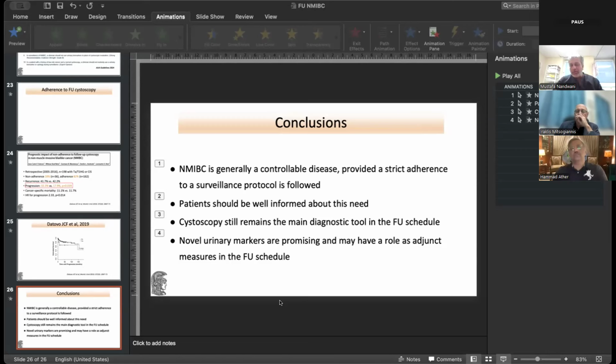And the gain we are getting after the blue light cystoscopy, I may be wrong, but I think it's not that significant. But if we do more and more, we will get more benefits.